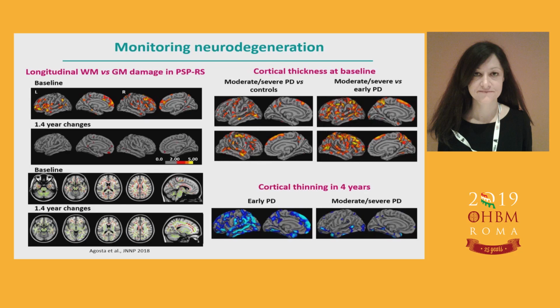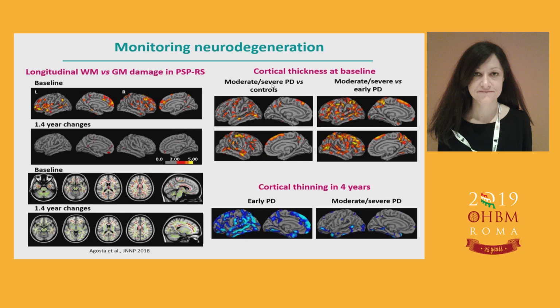Again, we obtained serial MR scans in a large group of patients with Parkinson's disease with different disease stages. So we used a cluster analysis in order to separate patients into different clusters according to many clinical and cognitive features.